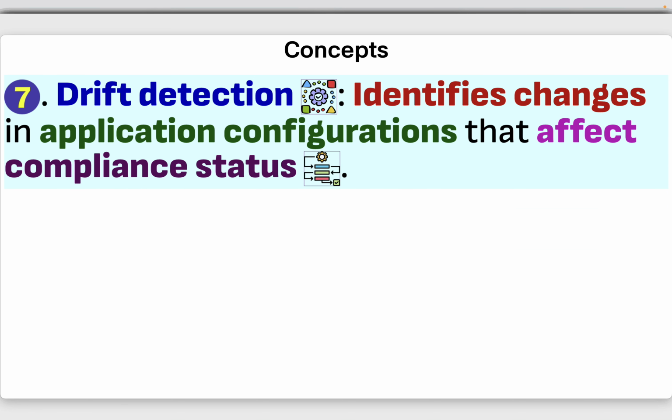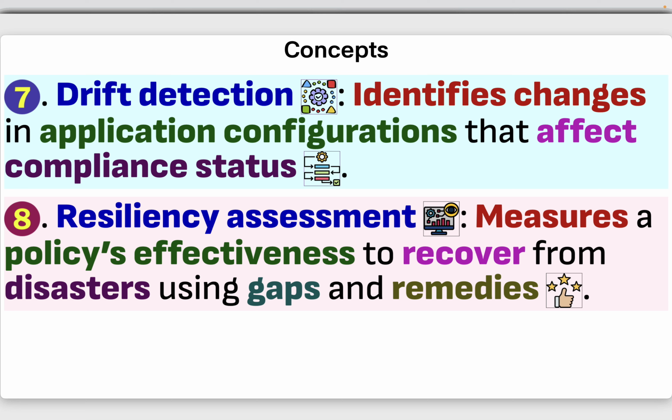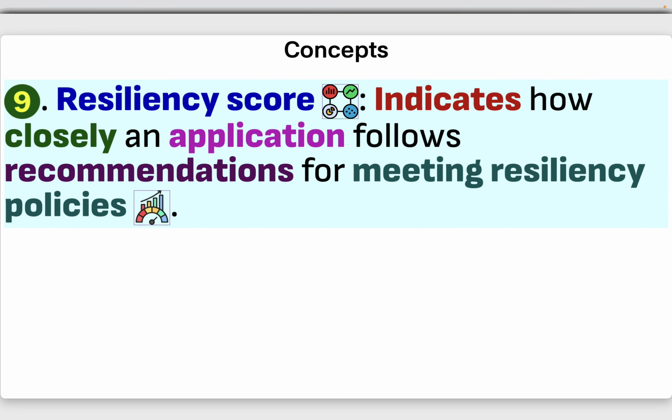Drift detection identifies changes in application configurations that affect compliance status. Resiliency assessment measures a policy's effectiveness to recover from disasters using gaps and remedies. Resiliency score indicates how closely an application follows recommendations for meeting resiliency policies.